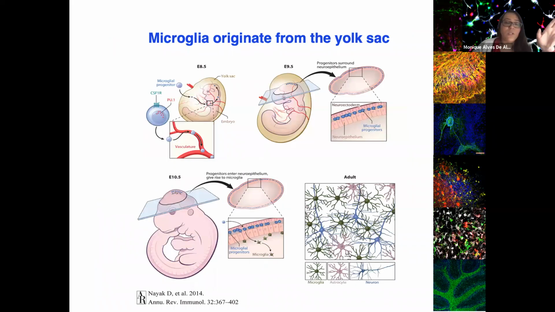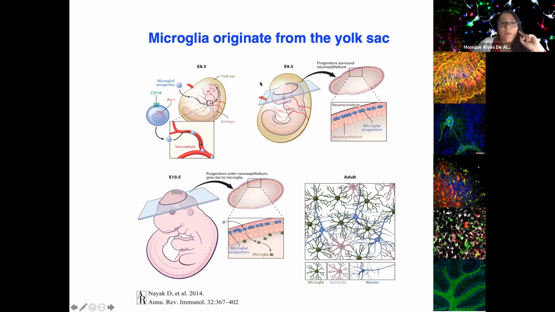We already showed the embryonic origin of microglia. I just want to highlight here that studies show that microglia are distinct from bone marrow-derived monocytes. They are derived from primitive macrophages that emanate from the yolk sac during development prior to embryonic day 8.5 and enter the brain via the circulatory system.